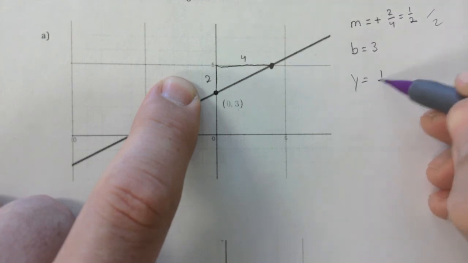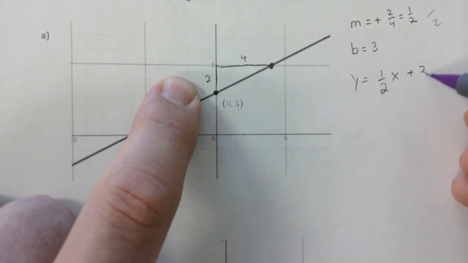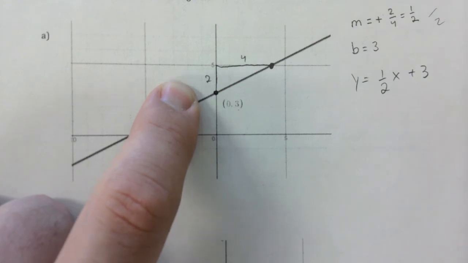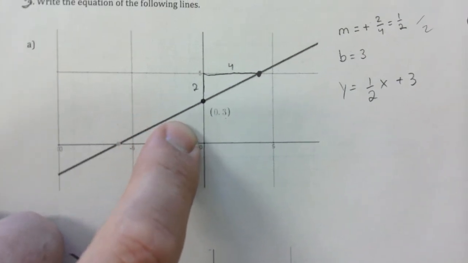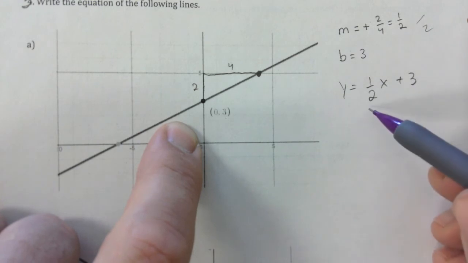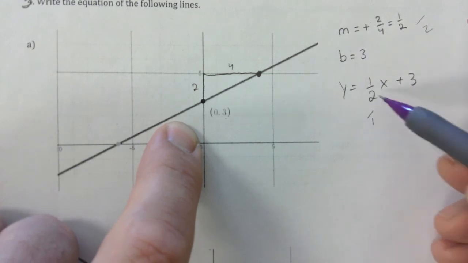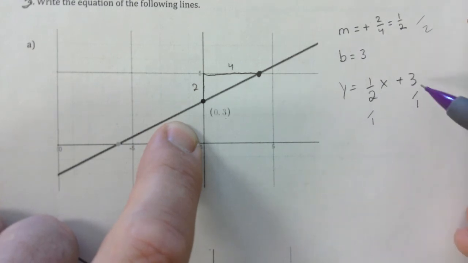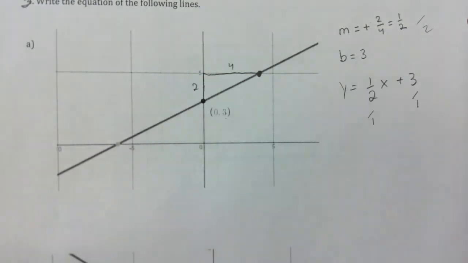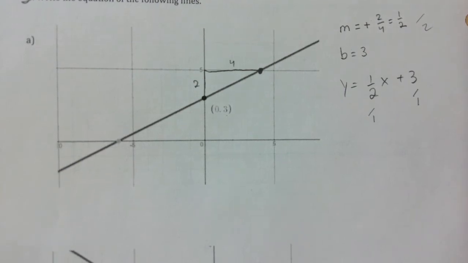So the equation here would be 1/2 x plus 3. You get 1 mark for the correct slope and 1 mark for the correct y-intercept. Yeah, this is not a good graph. I think it's the printer.